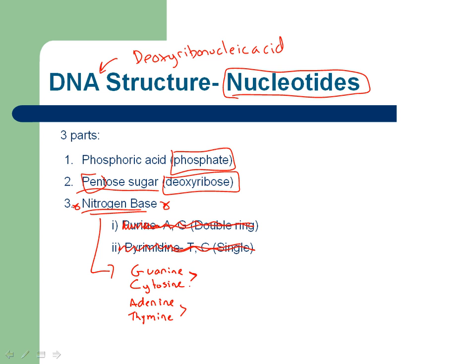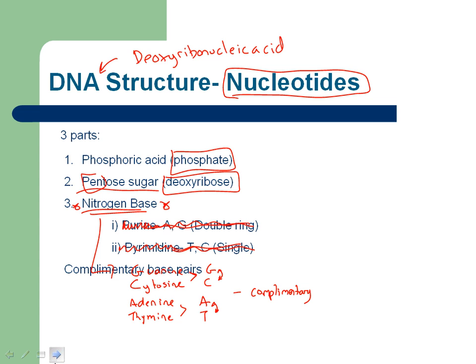The reason I paired these two together and then these two together is that when our DNA is being created, these ones, G and C, A and T, always pair together, and we call them complementary bases. And complementary just means that they're always paired up together, like that word right there.